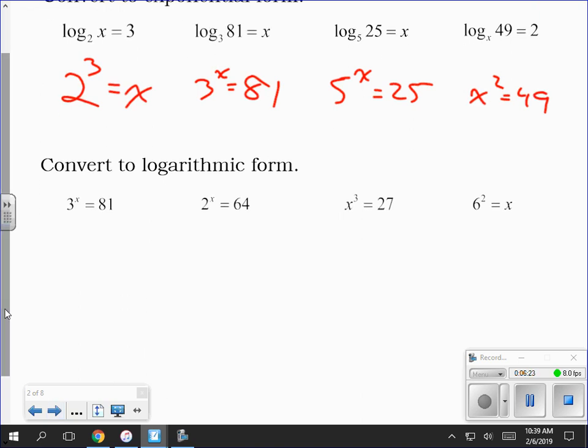This works the same way in the opposite direction. I'm going to have a logarithm instead of an exponential. The base of my exponential is the base of my logarithm. So I have log base 3. Log base 3 of 81 is equal to x. Log base 2 of 64 is equal to x.